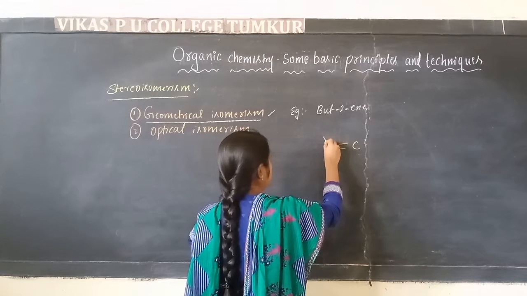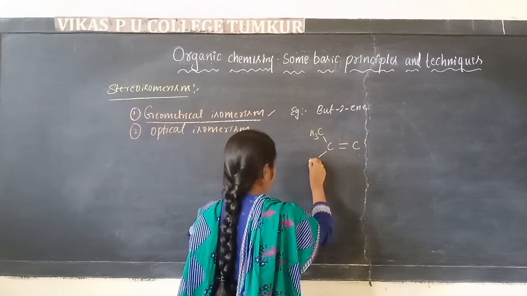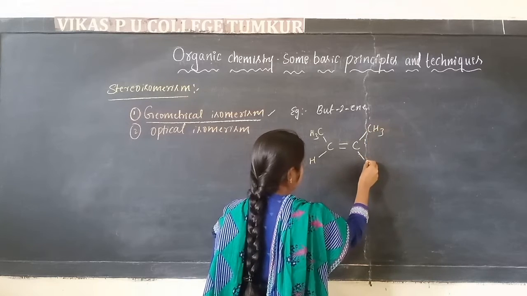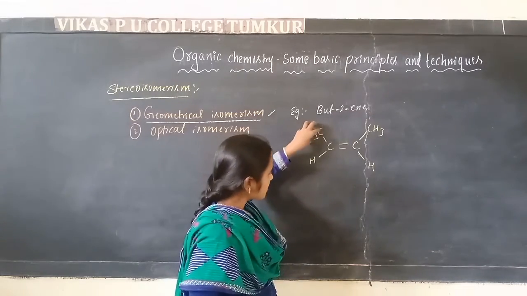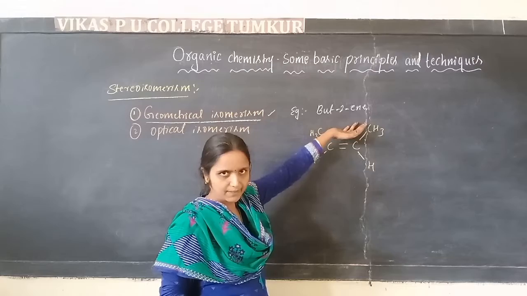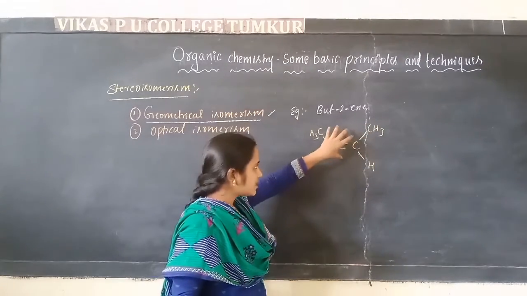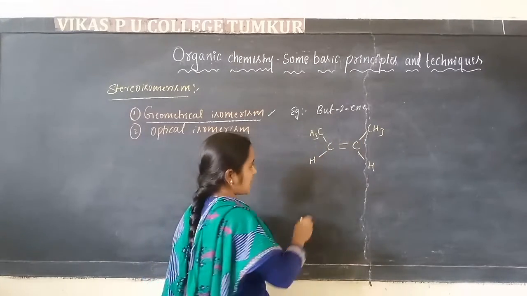Here a CH3 group is attached, here hydrogen, then here a CH3 group, and this one is hydrogen. Here the same groups, the methyl groups, are above the double bond and the hydrogen atoms below the double bond. This type of isomer we call a cis isomer.